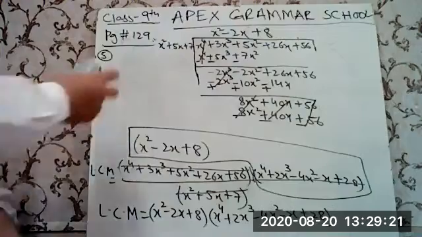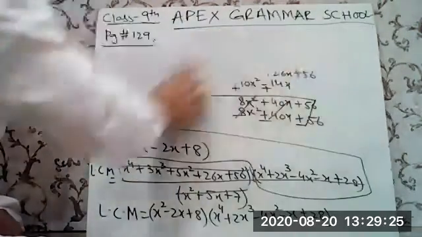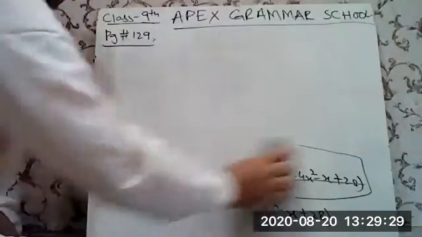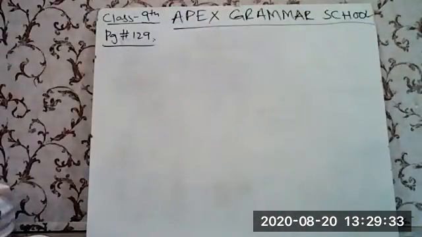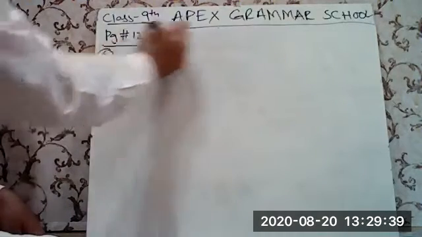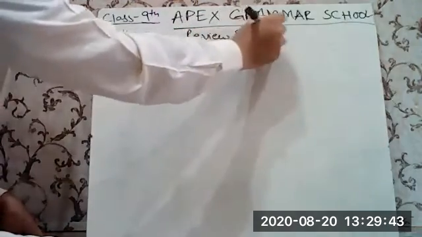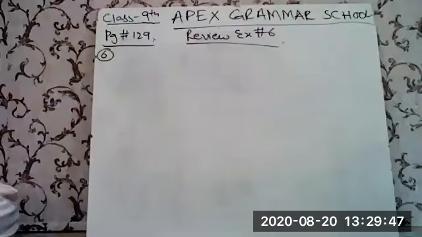Now for question number 6 of this review exercise will be question number 6. Simplification method.